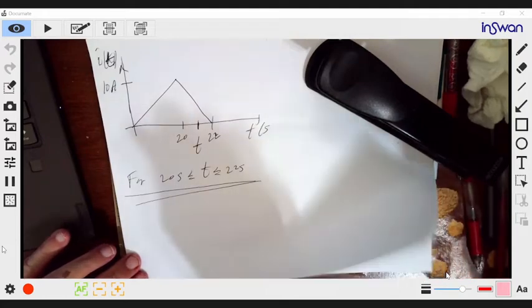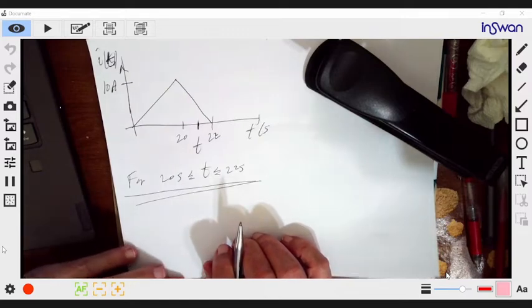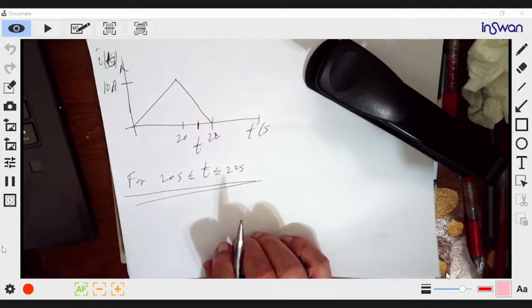What is the equation for the voltage? Give me the starting equation for the voltage.